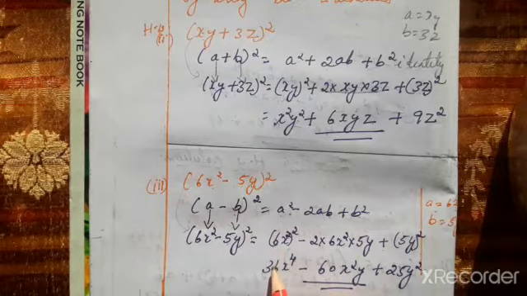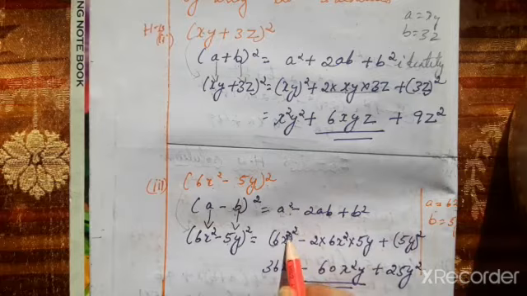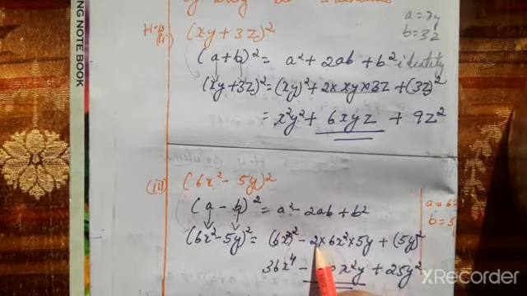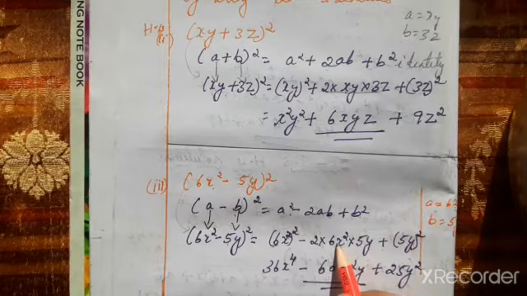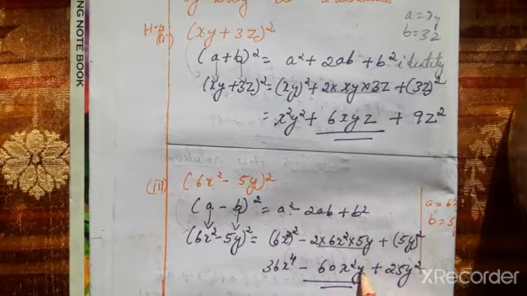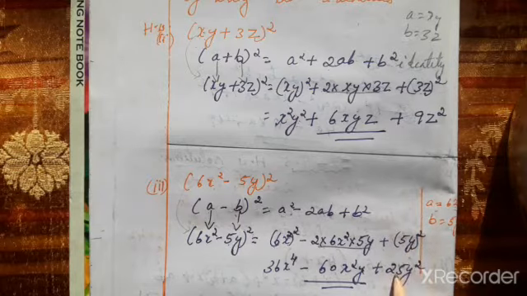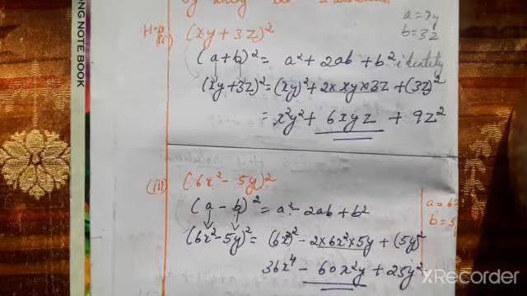So 6 sixes are 36, and x to the power 2 plus 2 is 4, not multiplication, okay? Powers or exponents we always have to add. Then 2 fives are 10, 10 sixes are 60, so minus 60x²y². Then (5y)² means 5y multiplied by 5y two times, so 5 fives are 25 and y².